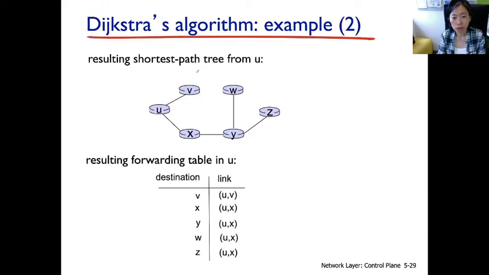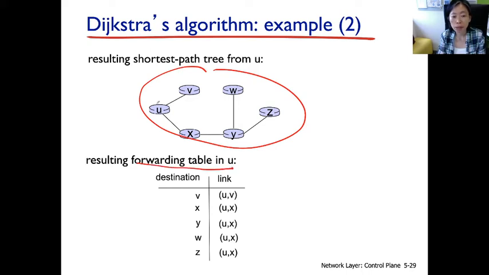And that's what you see, the shortest path tree being built from Dijkstra. The forwarding table that we need to install in router u is this. For destination v, whatever the shortest path indicates, this link here between uv. But for all the rest of the destinations, this other link, the ux link.